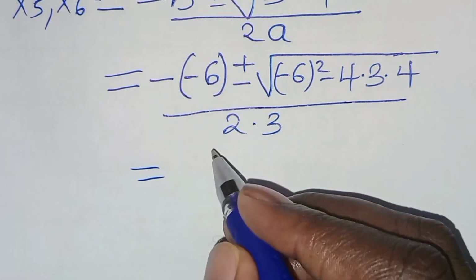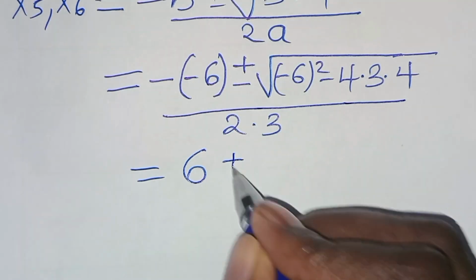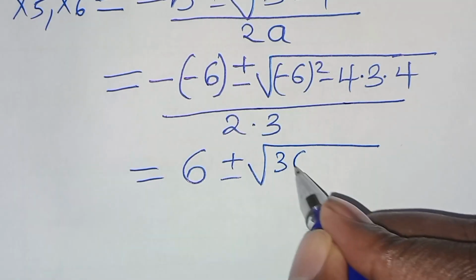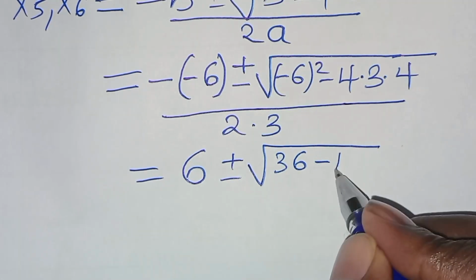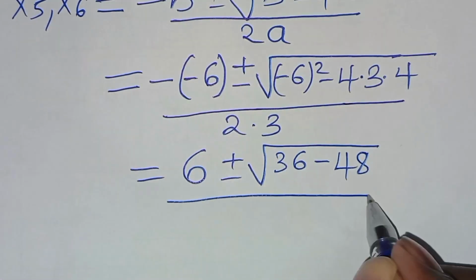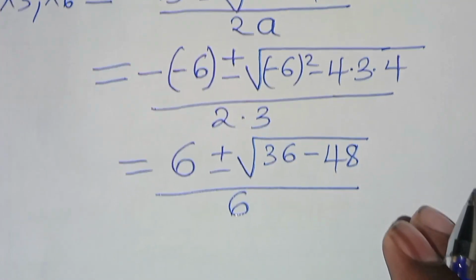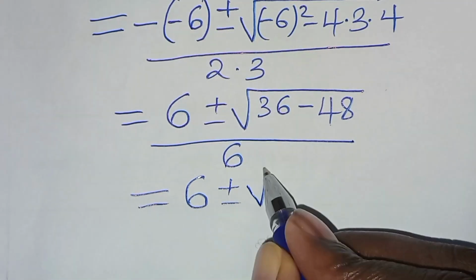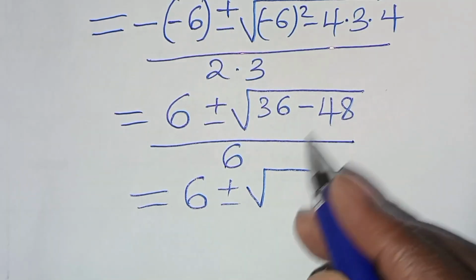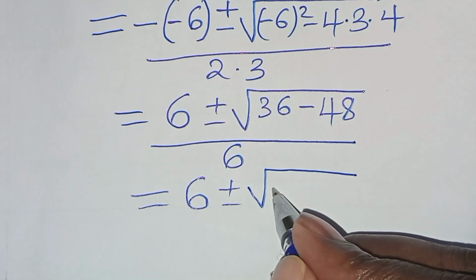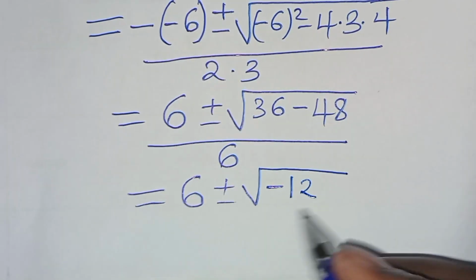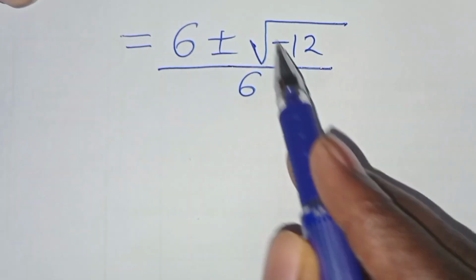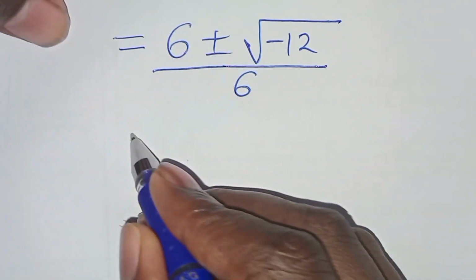So here we have minus times minus 6, this is 6, plus or minus the square root of minus 6 squared, this is 36, minus 48, all this divided by 6. So here we have 6 plus or minus the square root of 36 minus 48, which is minus 12, over 6.